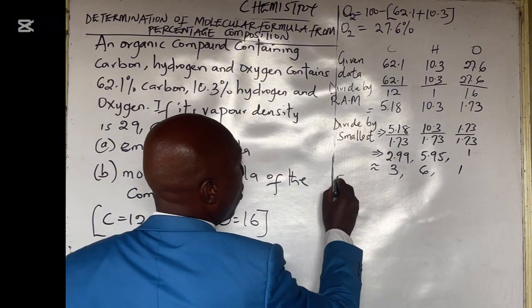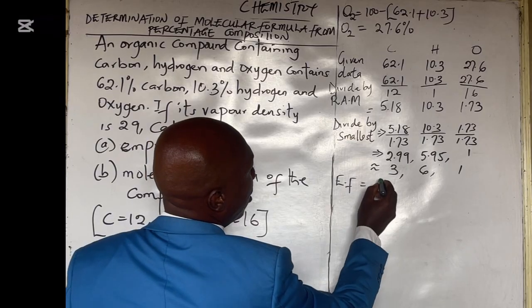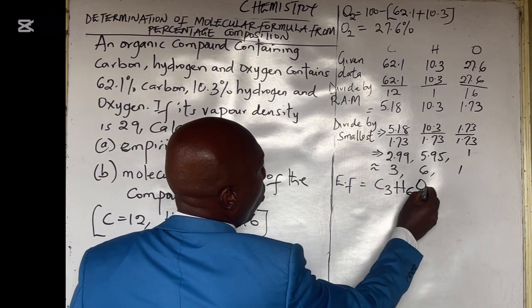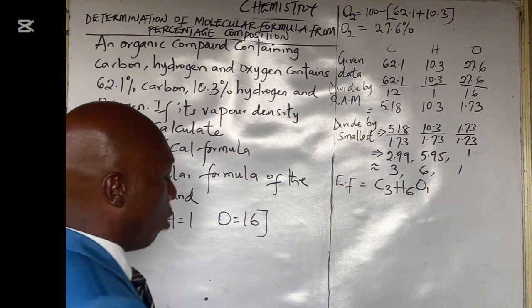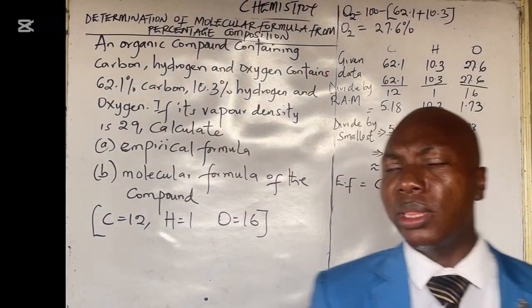So the empirical formula of the compound is C3H6O1. But we're asked to calculate the molecular formula given the vapor density.